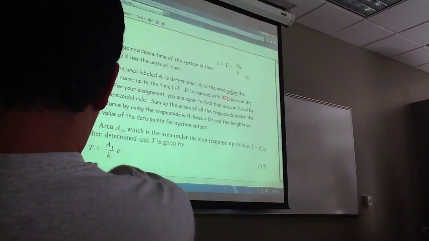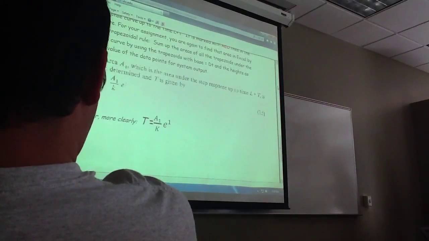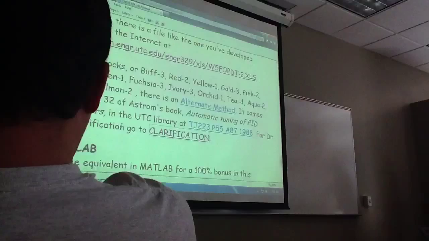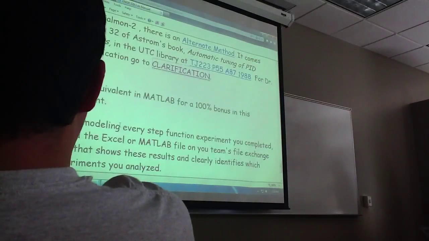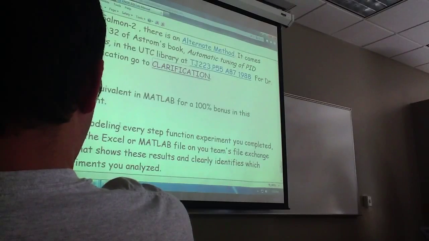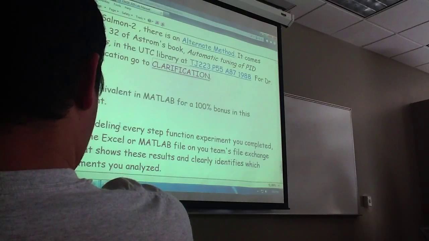All right, there's a little more there. Oh, MATLAB, if you want to do this whole thing that I just talked about, either one of them in MATLAB, I'll give you 100% bonus for the assignment.